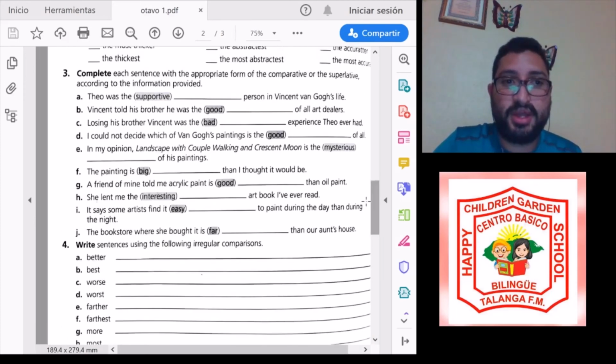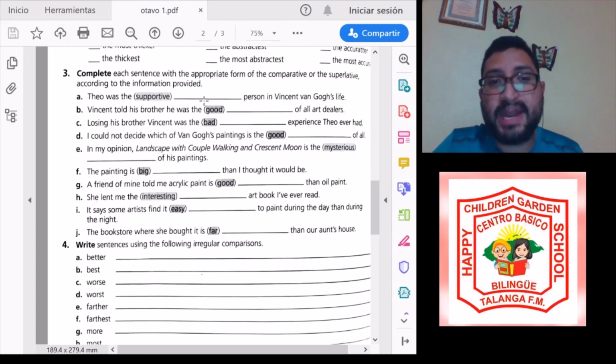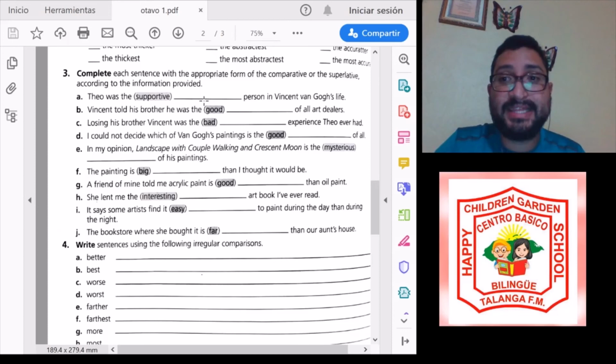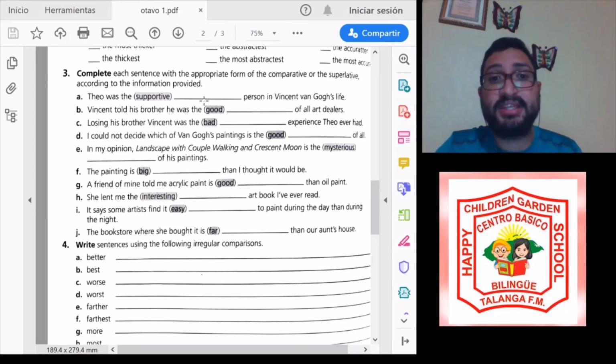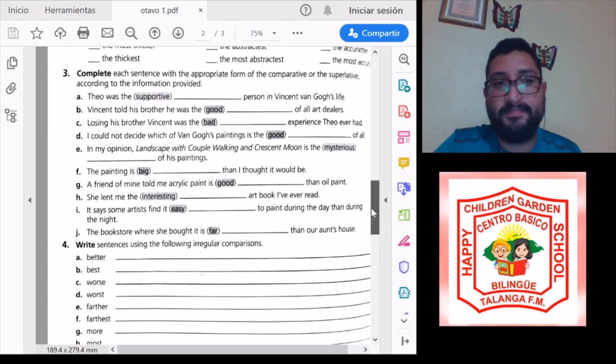And then complete each sentence. So we have to change these adjectives over here to make the correct sentence, providing either comparative or superlative. So read the sentence and keep in mind the context of the sentence to know if you have to use comparative or superlative. Remember what you just saw.